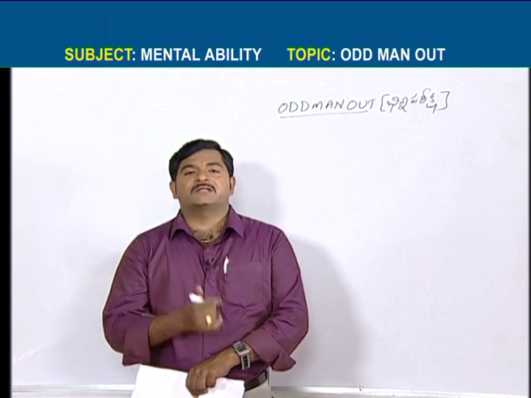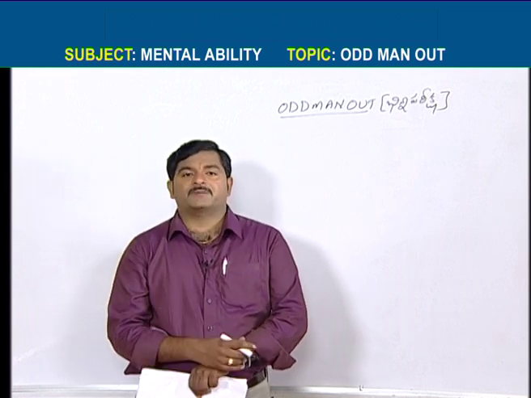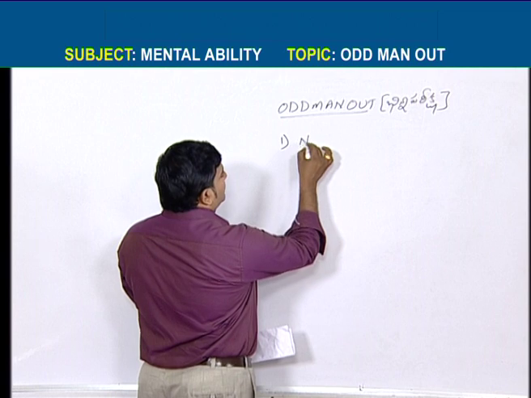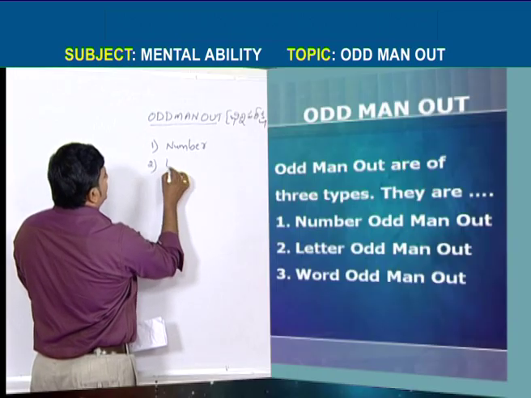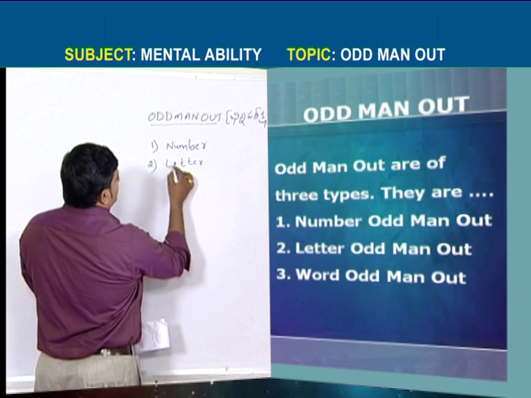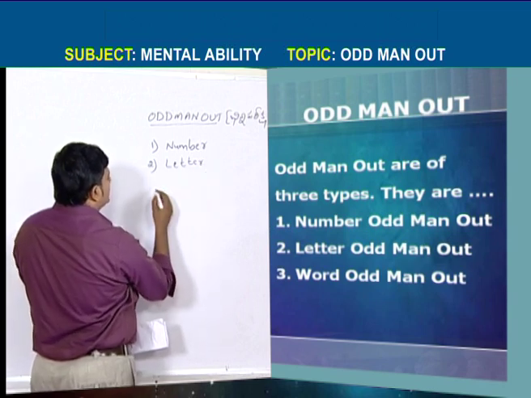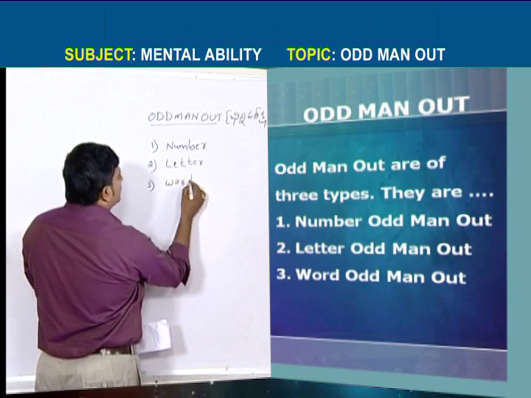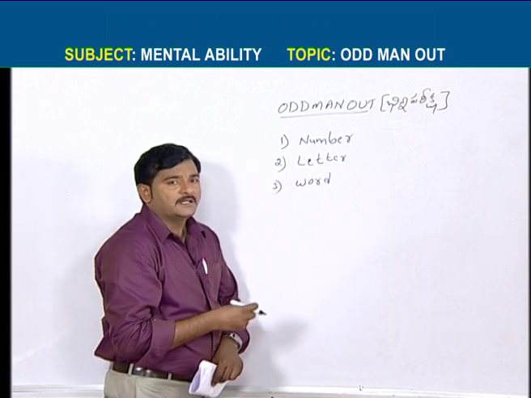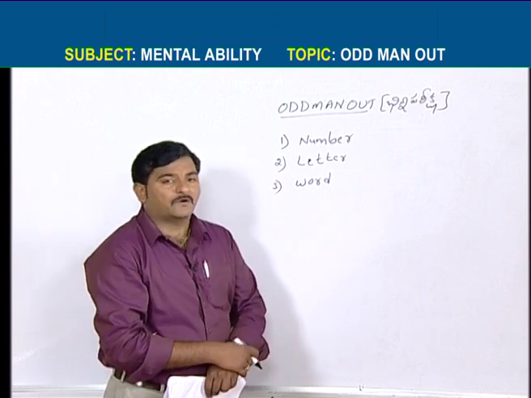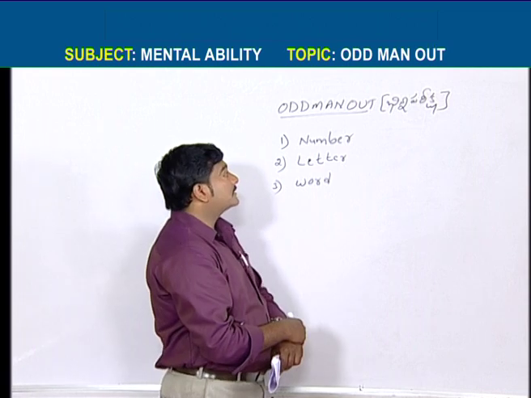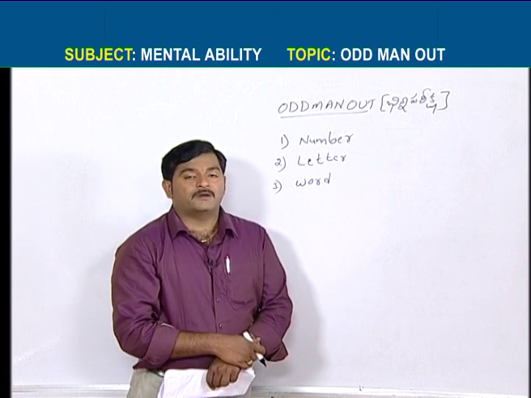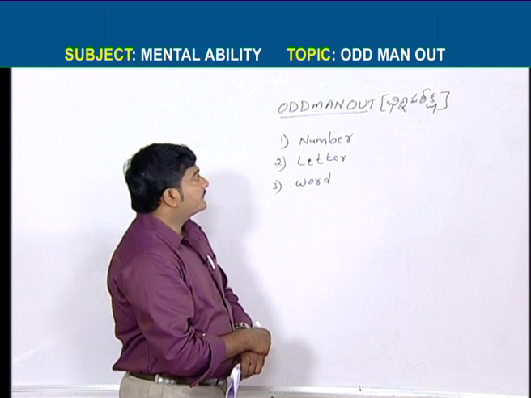There are mainly three types: number odd man out, letter odd man out, and word odd man out. Same as we saw in analogy: letter analogy, number analogy, word analogy. Same in odd man out also.